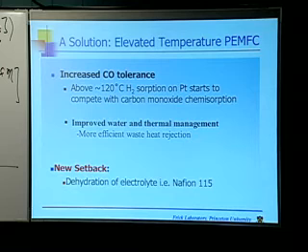Yeah. If you can get up above 120 degrees C, then the CO starts to compete with the hydrogen for sites on the platinum catalyst. Okay. This works because of a limited amount of CO and a lot of hydrogen. So even though CO binds much more tightly to platinum than hydrogen does, you have a concentration effect going in your favor.